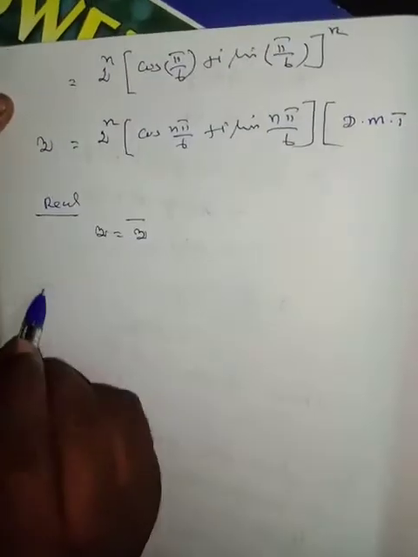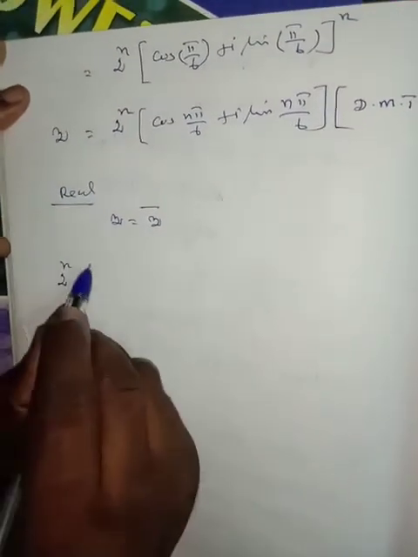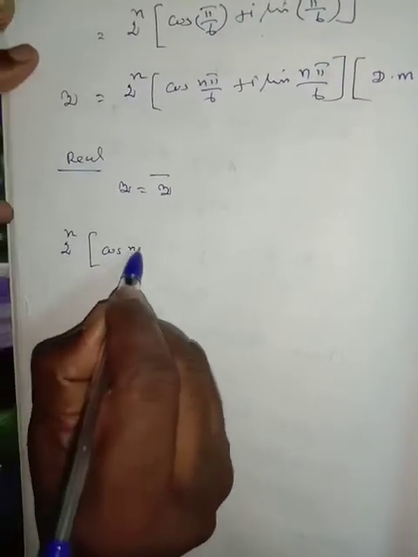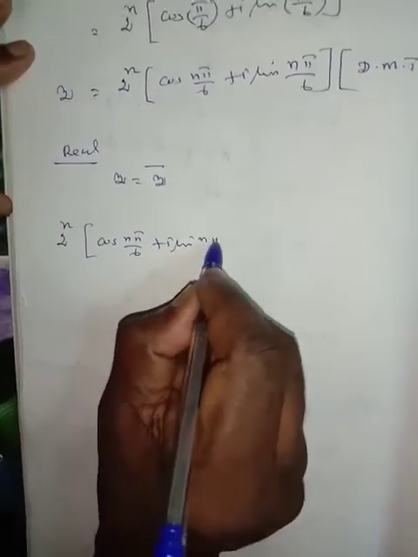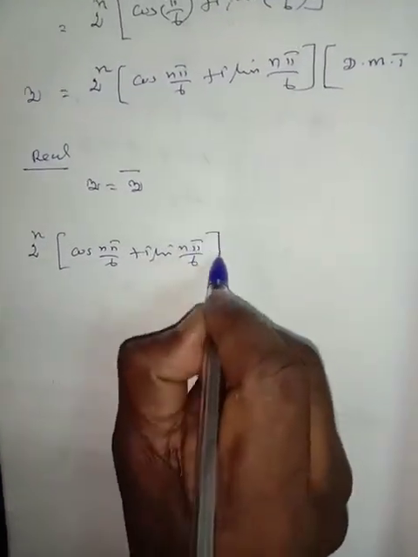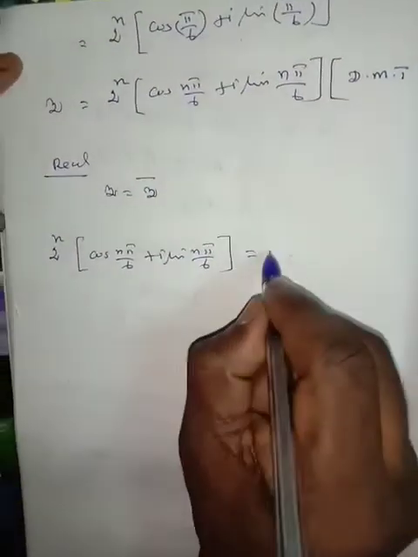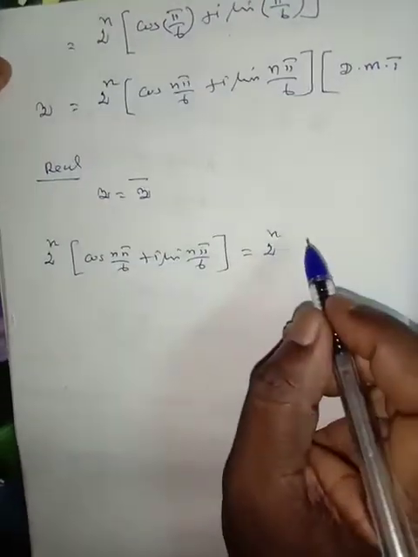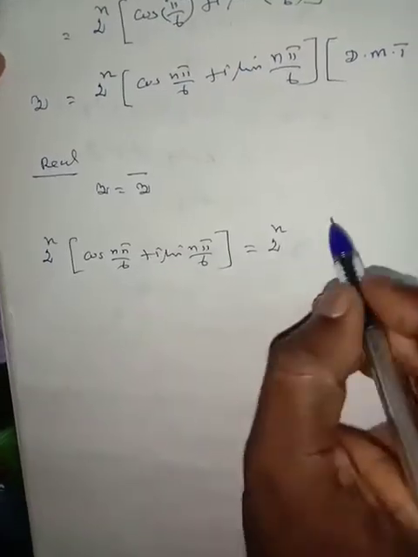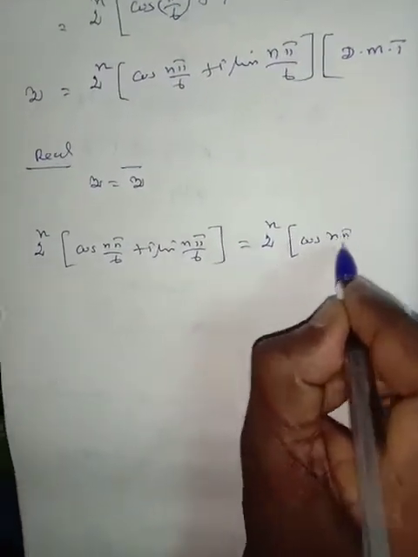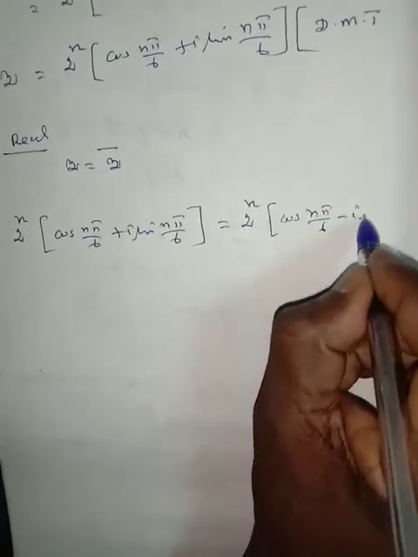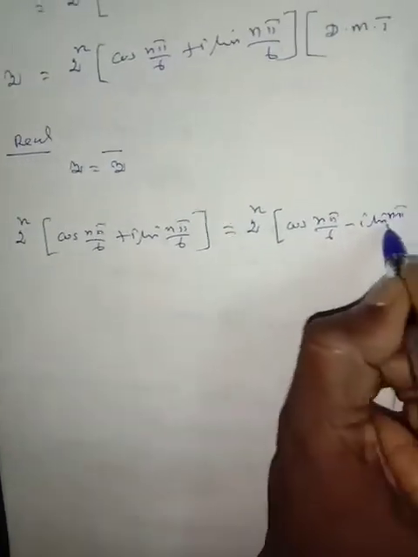So 2 to the power of n (cos n pi by 6 plus i sin n pi by 6) is equal to 2 to the power of n, bar means conjugate, so cos n pi by 6 minus i sin n pi by 6.